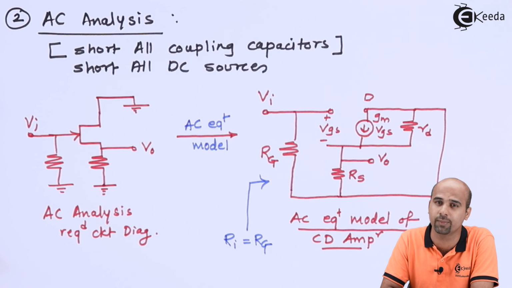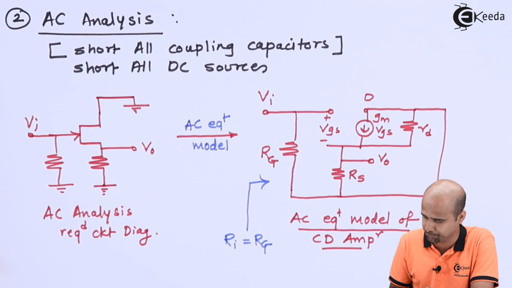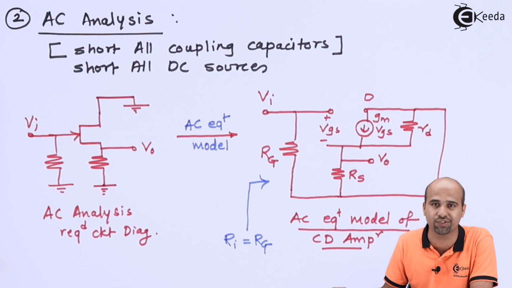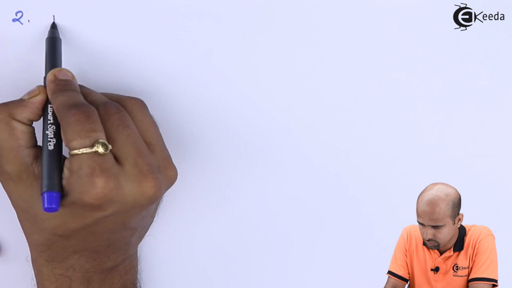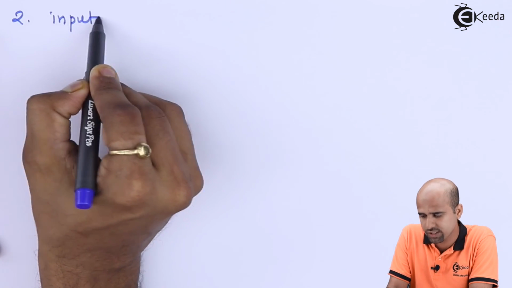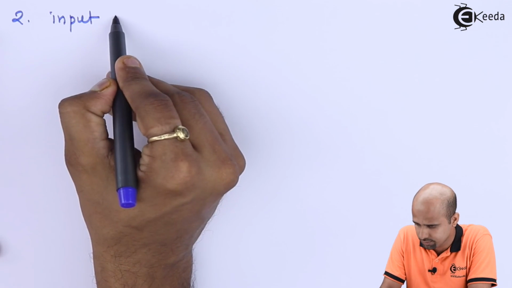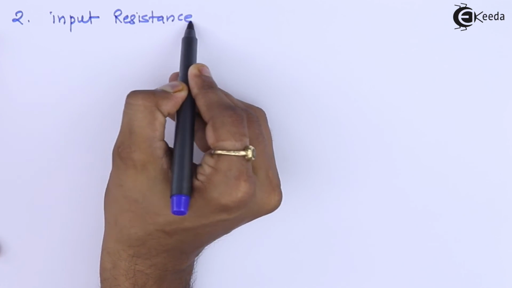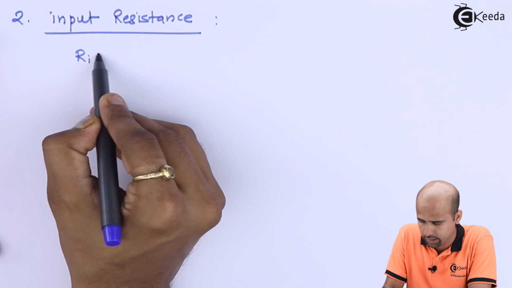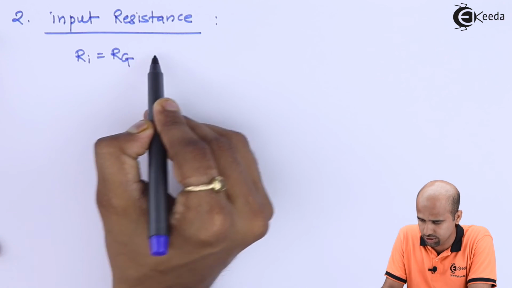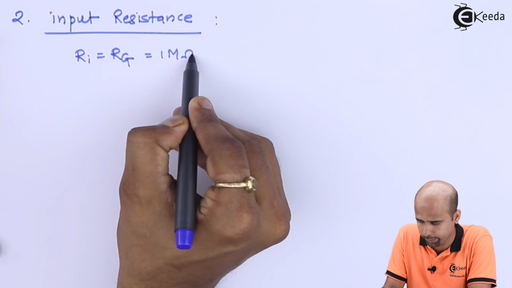Directly we get the value Rg, which is equal to 1 mega ohm. The output resistance has a formula and we have to do calculations for that. So input resistance is straightforward: Ri is equal to Rg is equal to 1 mega ohm.